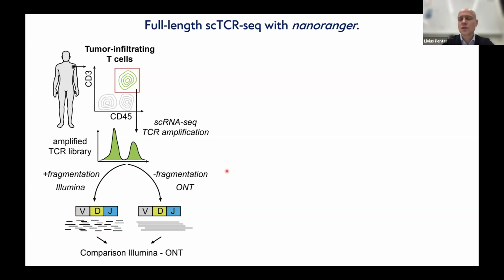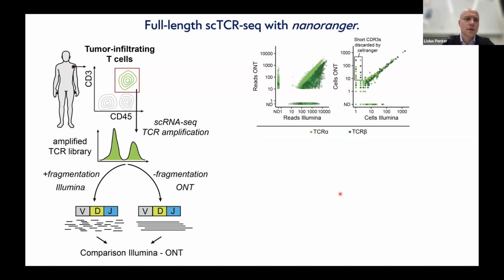The reason why we chose TCR is that this is a very delicate molecule where every nucleotide counts, and you really care about the accuracy of the part of the TCR that recognizes an antigen. And if we compare the Oxford Nanopore with the Illumina single-cell sequencing TCR data, we actually see very good alignment. Here on the left, you can see the number of raw reads per cell.